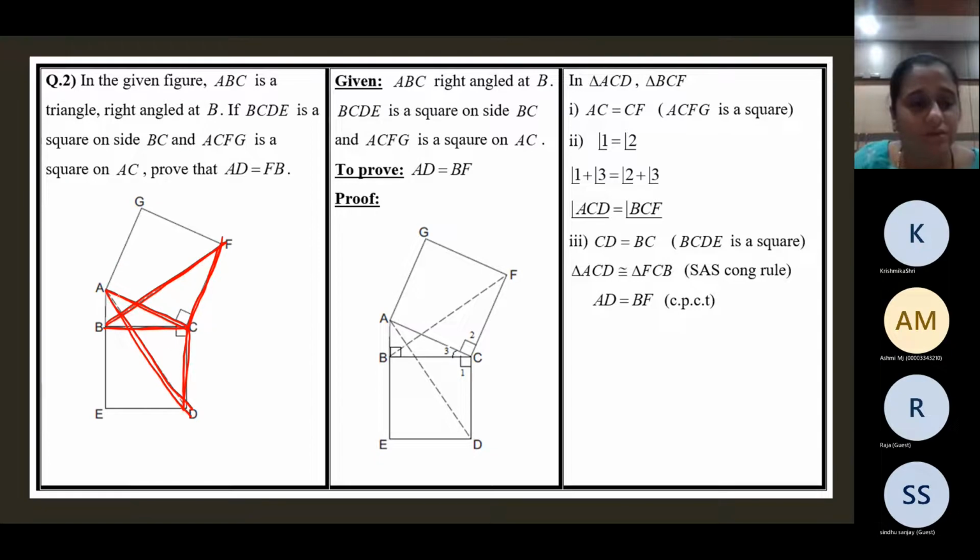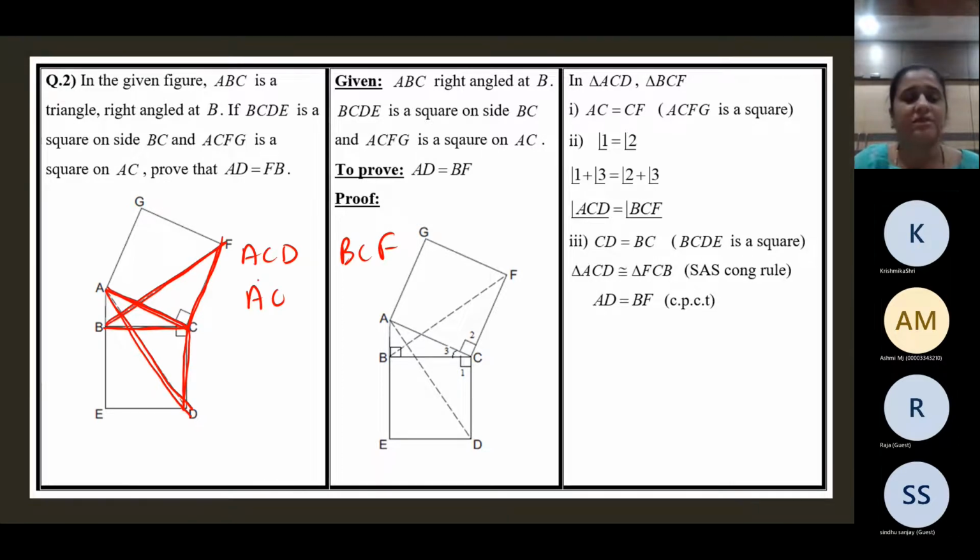First, AC is a side of the triangle ACD, and CF is a side of the other triangle BCF.